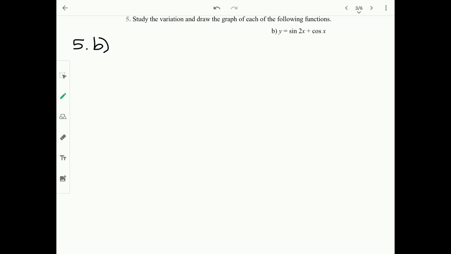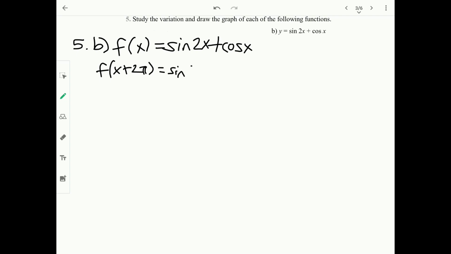Okay, let's do it together. So now we have f of x equals sine 2x plus cosine x. Again, we have to do the domain. So now we should say f of x plus 2 pi, which is sine 2 times x plus 2 pi plus cosine x plus 2 pi, is all of this equal to f of x.